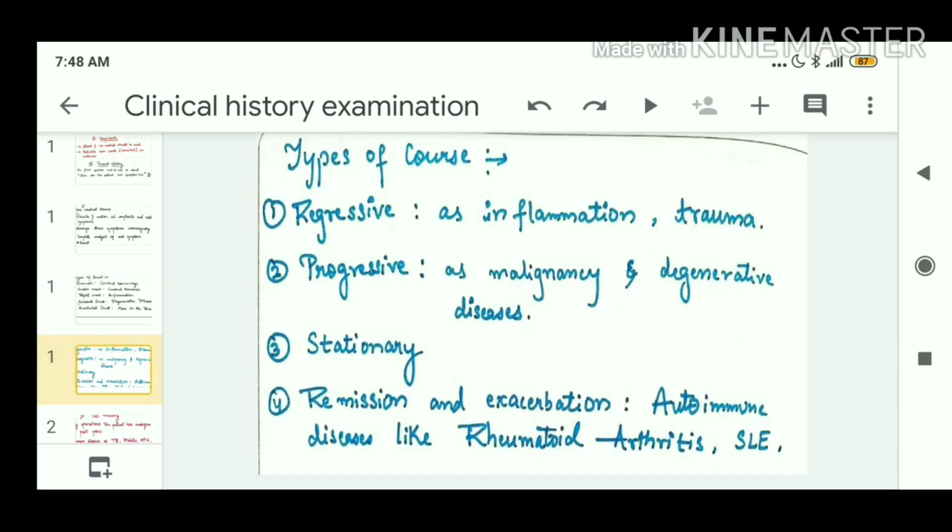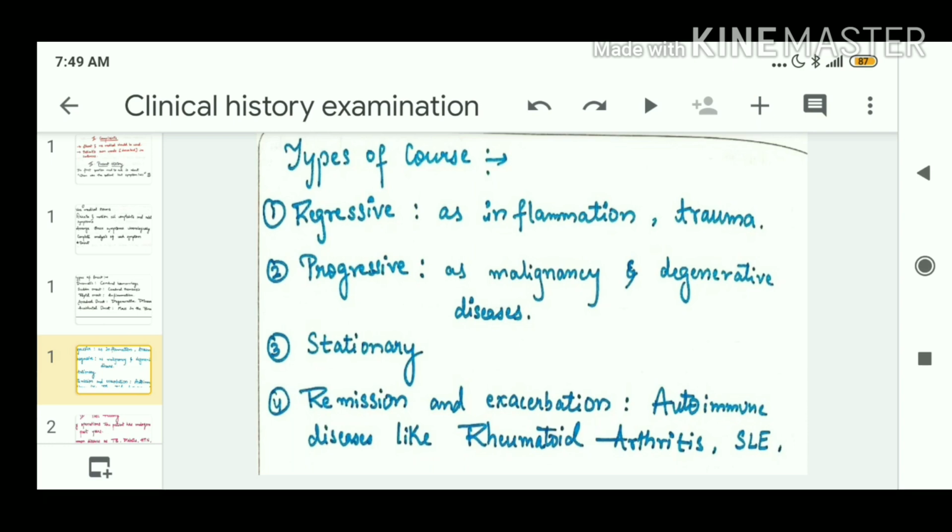What are the types of course then? Regressive. Regressive means the condition is in a less developed state, for example in inflammation, trauma. Next, progressive. Progressive means the condition is in a well developed state, for example malignancy, degenerative diseases. Third, stationary.